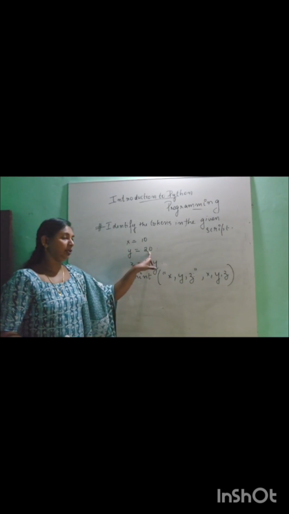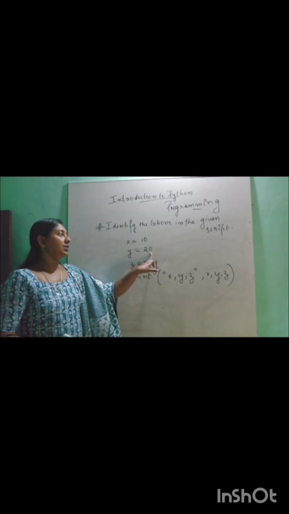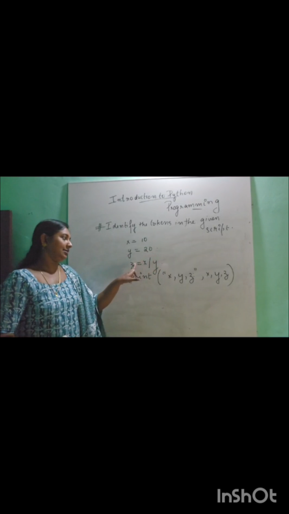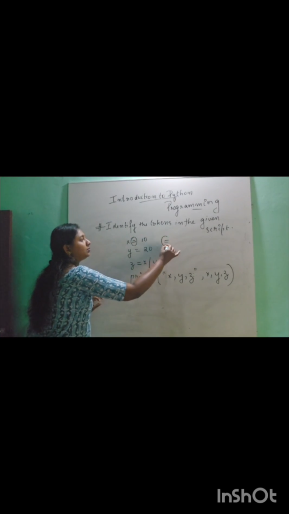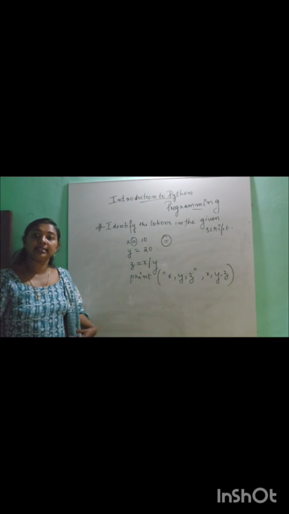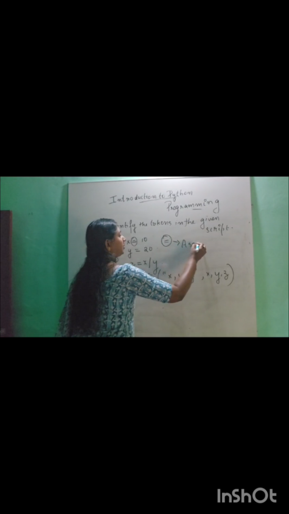Here y = 20. Same, y is also a variable and 20 is a numeric literal. Then what is this equal sign? This is called the assignment operator.